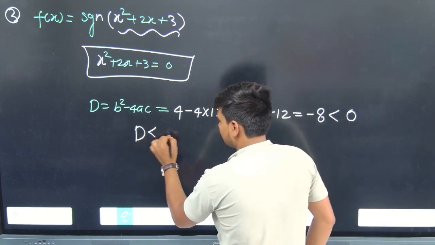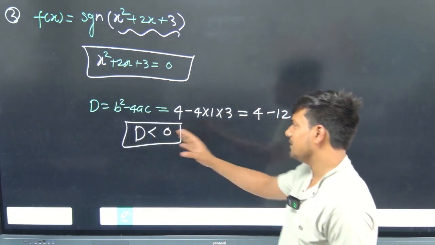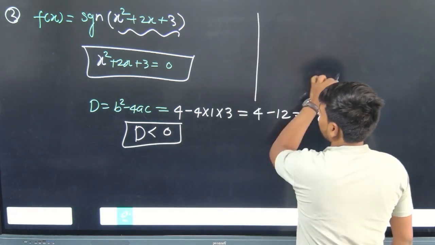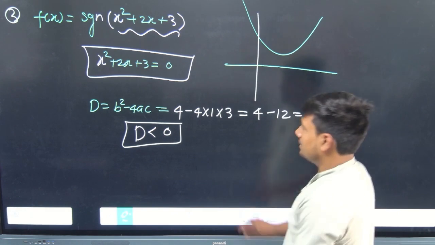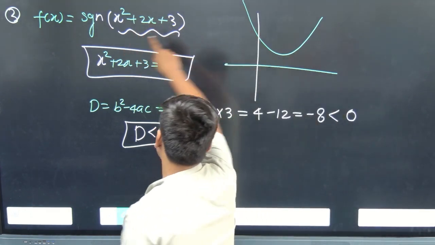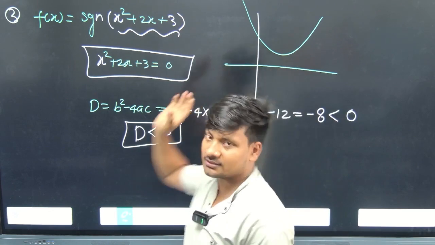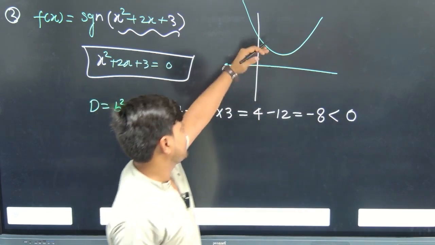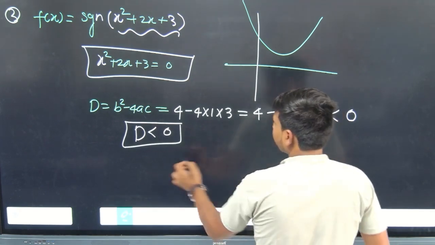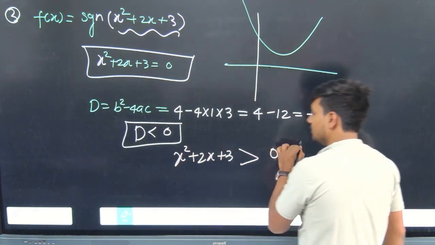So D is less than 0. We know if D is less than 0, and a is positive, the graph will be like this. The graph of x square plus 2x plus 3 never touches or cuts the x-axis. The graph will always be above the x-axis, hence x square plus 2x plus 3 will always be greater than 0.